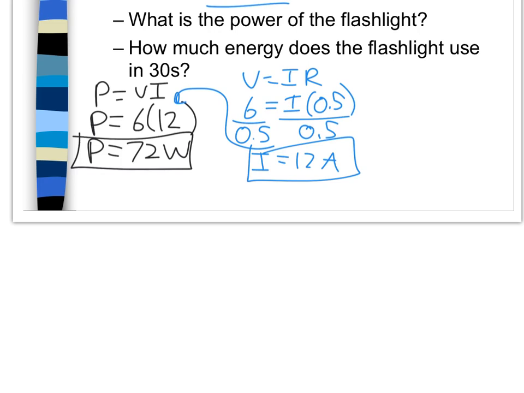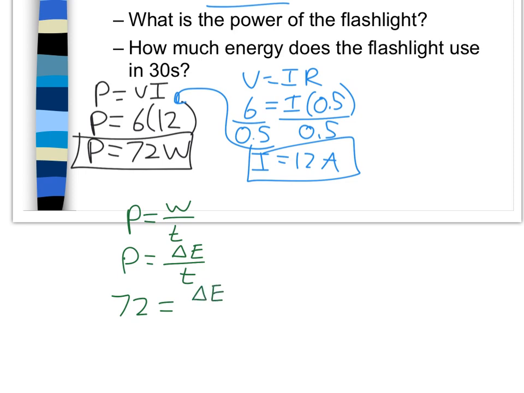From here, we want to figure out how much energy the flashlight uses in 30 seconds, and so we're going to go back to an equation that we've done before, which is that power is work over time, and we know that work is really the change in energy, so power is the change in energy over time. So we know that our power is 72 watts.